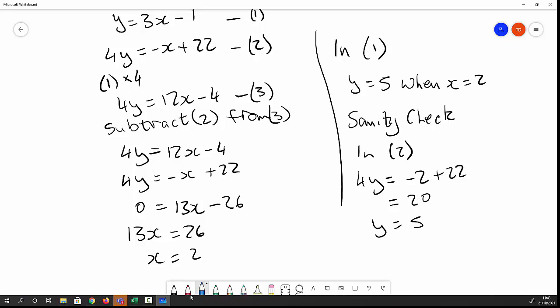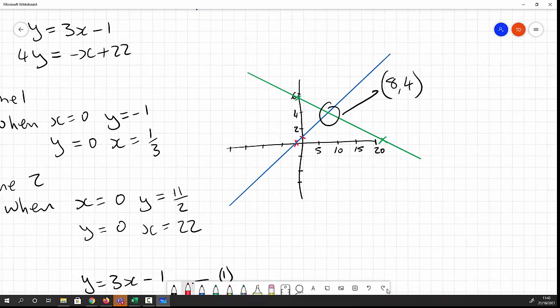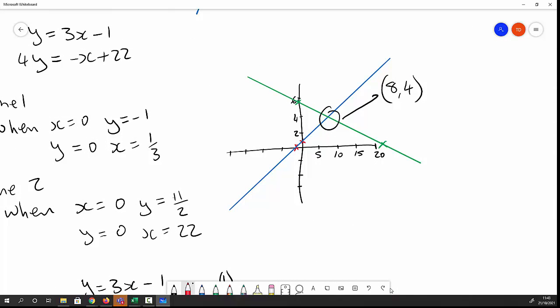Okay, and the key thing is that y equals 5 there, y equals 5 there. So I can be confident that I've got my values right. So the actual values are x is equal to 2 and y is equal to 5, which is not quite what we got from the graph, but then it was a sketch. So x equals 2 and y equals 5 rather than 8 and 4.